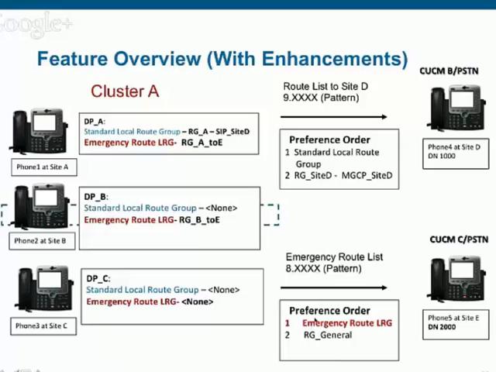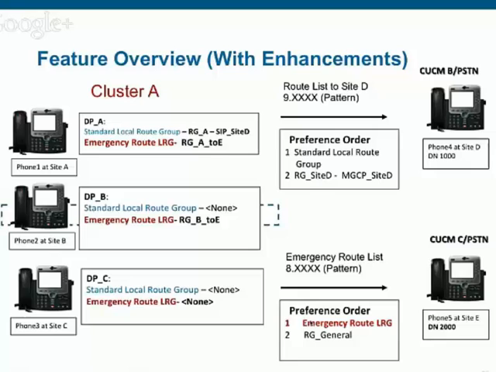So now if we have to dial the 8.xxx pattern, what we can do is create a single route list and say, okay, the first option will be, whoever calls the 8.xxx pattern, that's an emergency pattern, they're going to be sent out using the emergency route LRG.